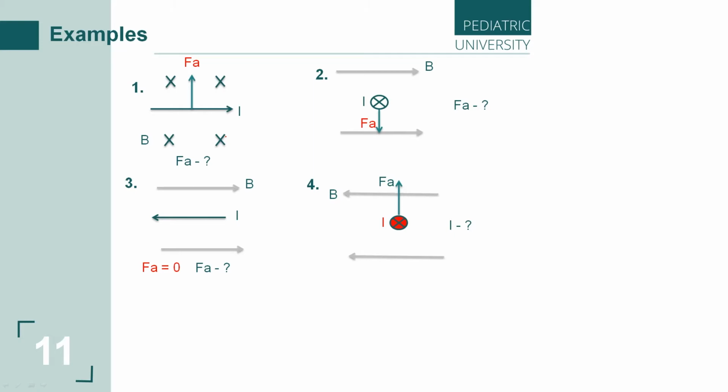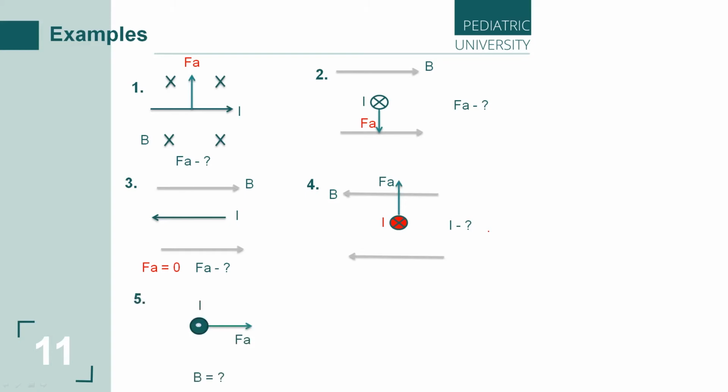If we have the Ampere force, we know that the thumb shows the Ampere force. Magnetic lines must enter the palm, and the four fingers show us the direction of the current. Don't forget about it, please.